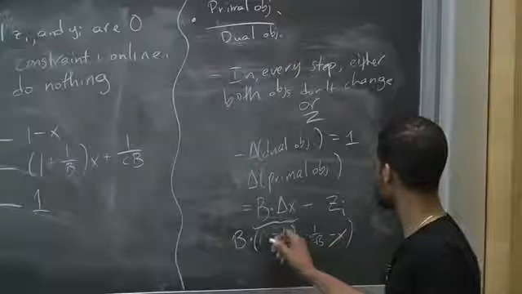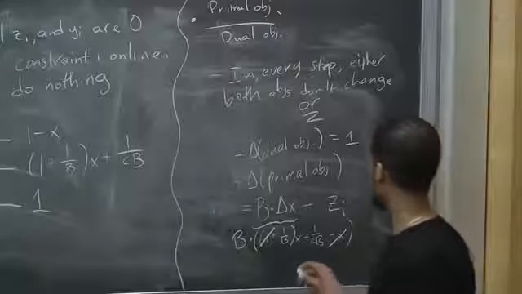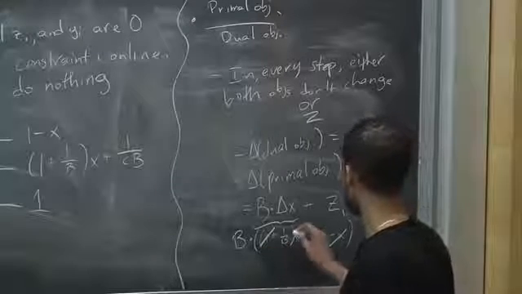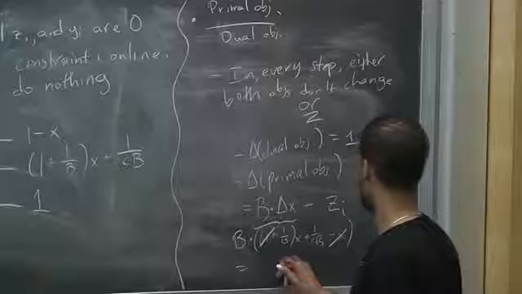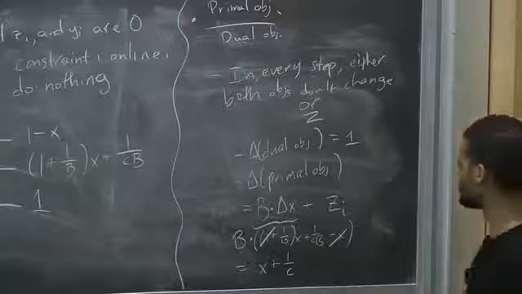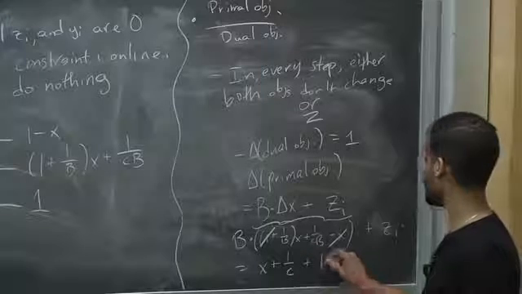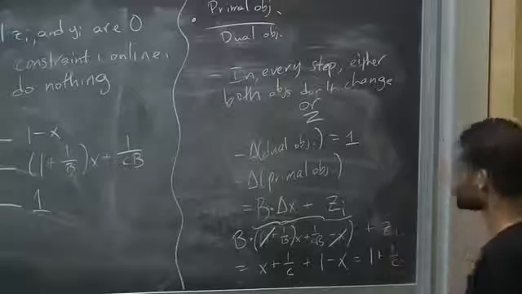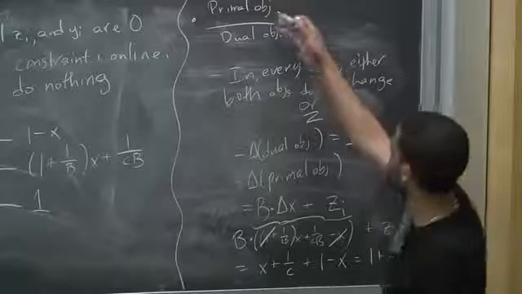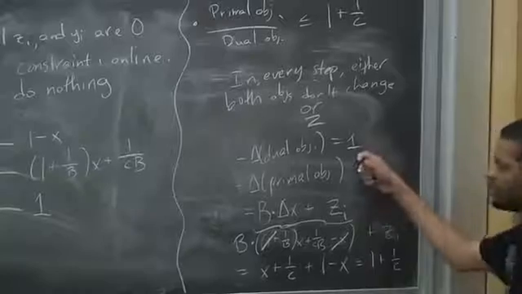And this x cancels that x. So this whole thing is x plus 1 over c. And then when you add in the zi, remember zi is 1 minus x, so this is 1 plus 1 over c. So the primal objective over the dual objective is at most 1 plus 1 over c, namely 1 plus 1 over c divided by 1.